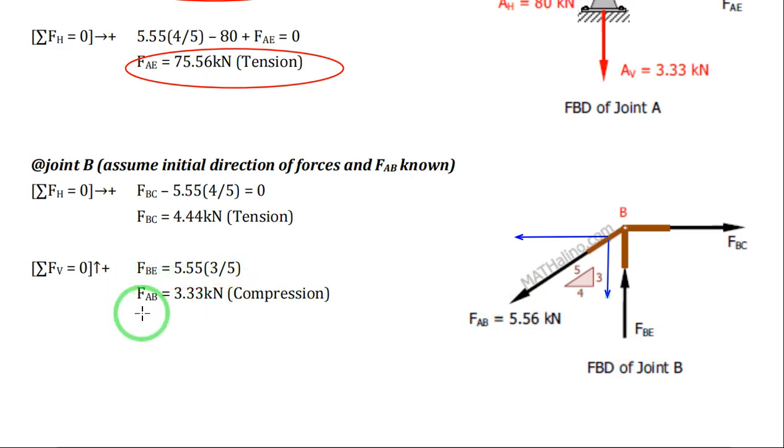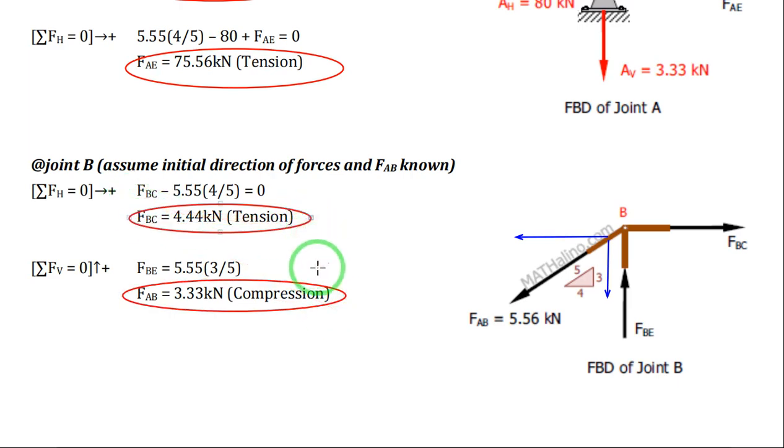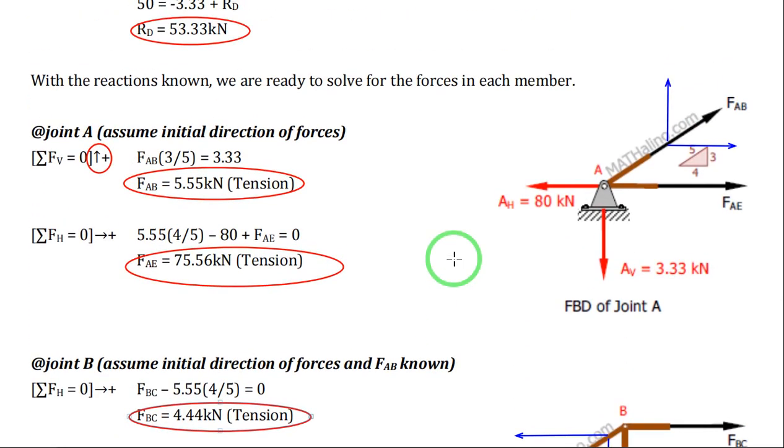So your FBE is 3.33, which is in compression. Okay, so again, we have arrived with a positive answer, meaning our assumption is correct. So this would be FBE. Okay, you try to solve for the remaining unknown members.